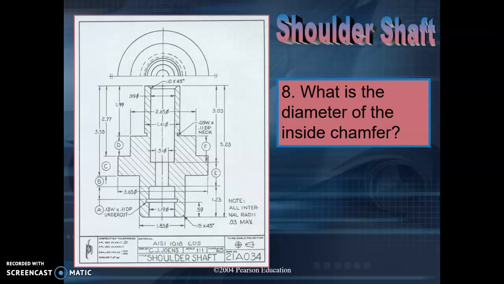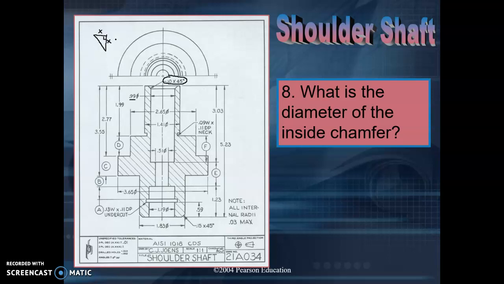What is the diameter of the inside chamfer? So we have a chamfer here, but that's on the outside of the cylinder. And we have a chamfer up here as well. Okay, and it's dimensioned with a distance and an angle. So if we want to know the diameter, we have to start with the inside diameter of the cylinder, 0.99. And it's a 45-degree chamfer, which means when you have a 45-degree right triangle, the vertical and horizontal legs of that triangle are equal to each other.